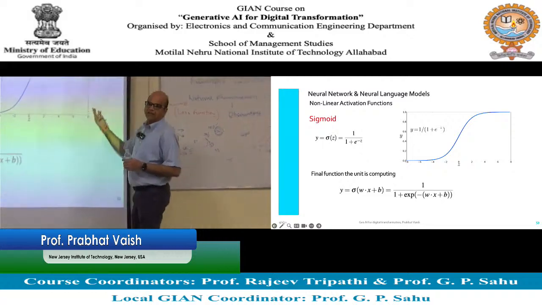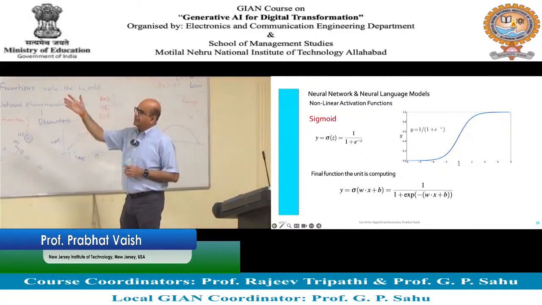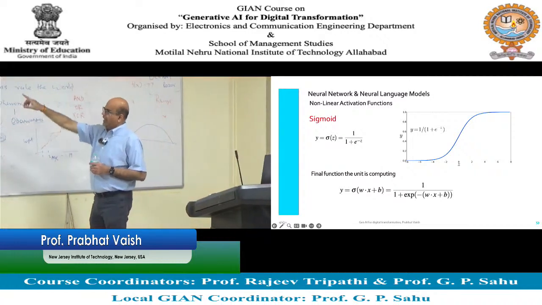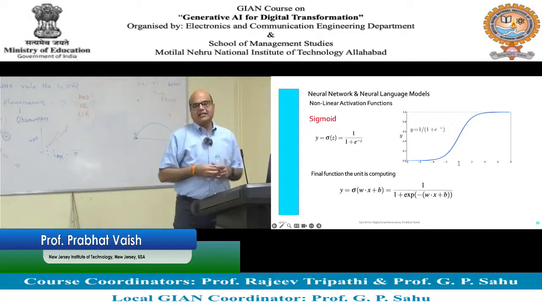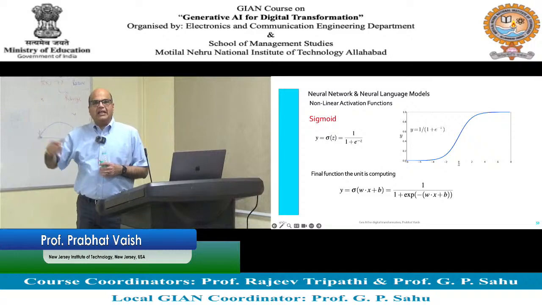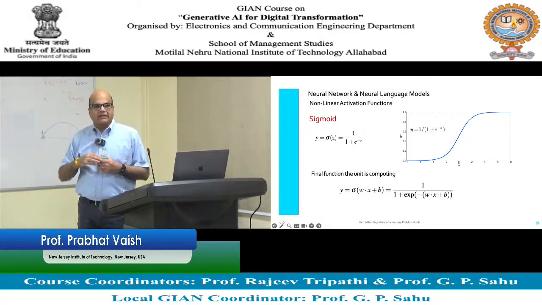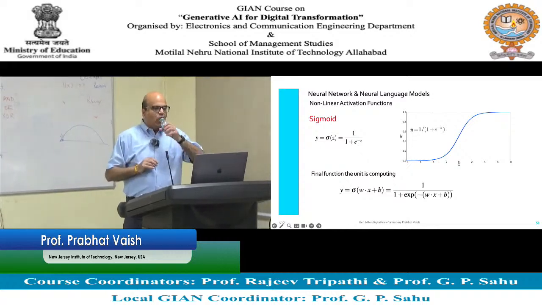You don't know what's activated, what's not activated. So really speaking, the sigmoid as a function is taking any value and compressing it between zeros and ones. That tells us that we can approximate its output as indicating whether a neuron is activated or not activated. So far so good?